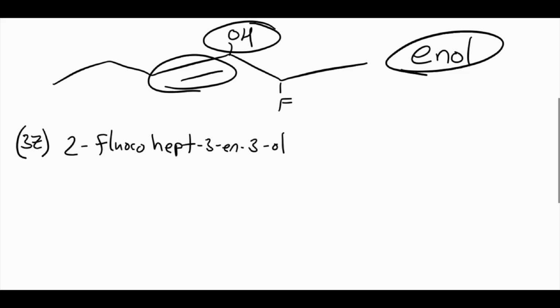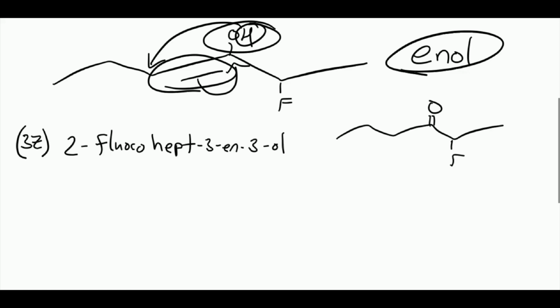Enols show up a bit in organic chemistry and in biochemistry because they can undergo what's known as a tautomerization, in which basically the molecule automatically rearranges itself. This hydrogen can hop over to this carbon, and the double bond can migrate over here, leaving you with this.